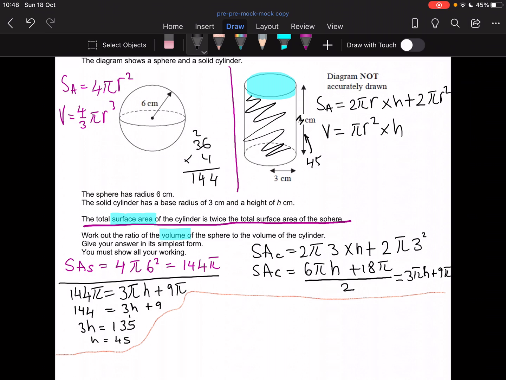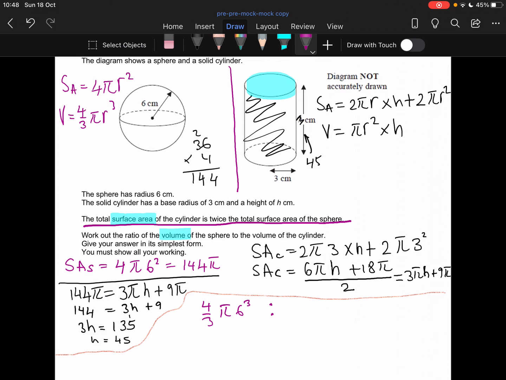So I need to substitute my newly found information into the formulas for volume. So the volume of the sphere, let me keep color coding them. So I'm doing the sphere first. The volume of the sphere is 4/3 pi times the radius cubed. The radius is 6 cubed.